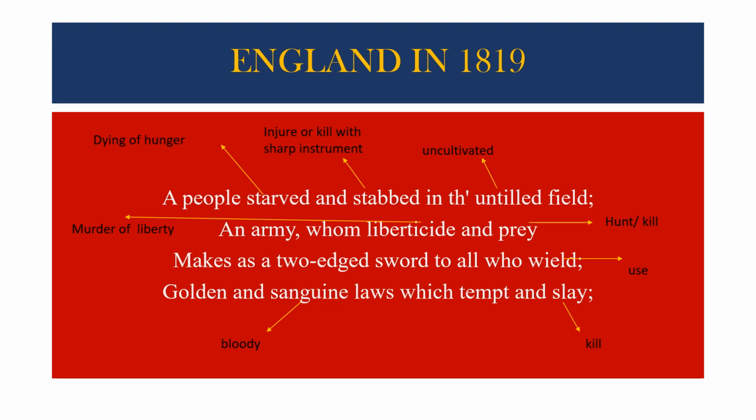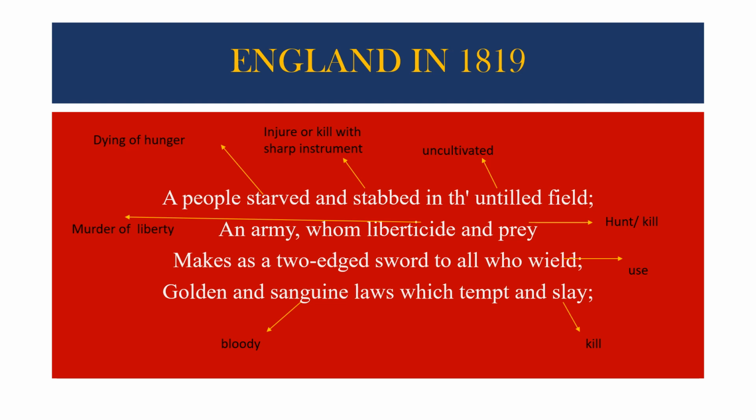Now, what is the army doing? It's again the same reference that Shelley is hinting at, that institutions are not doing what they should be. Now, what is an army expected to do? An army is expected to protect its people.